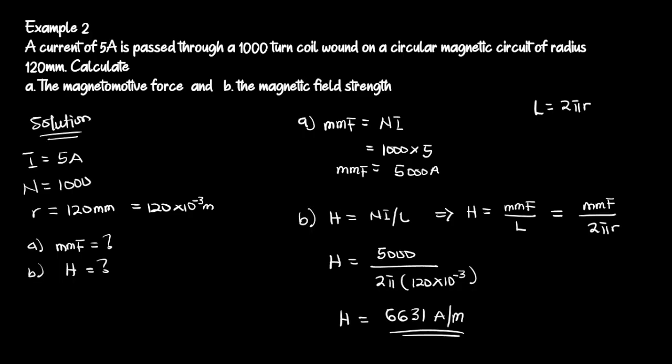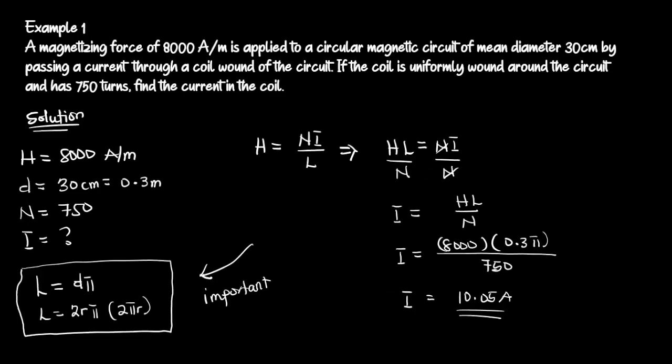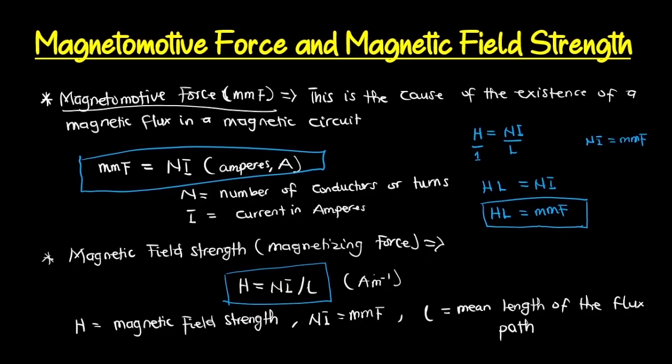This is how we solve problems on magnetomotive force and magnetic field strength. It is important to note that the formula for magnetomotive force is Ni, where N is the number of conductors or turns, and I is the current.